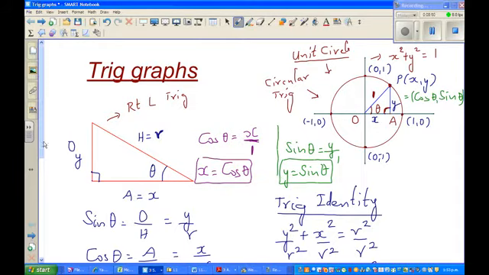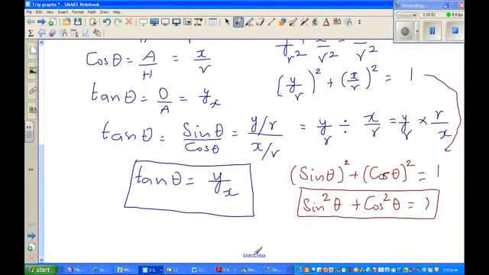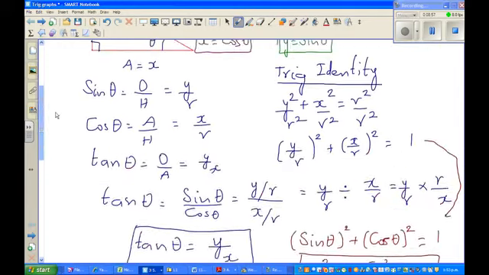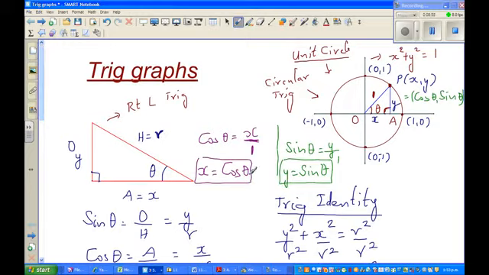Okay, so let me do a little more. So if x is cos theta and y is sin theta, when theta is 0, the point is at this point here.